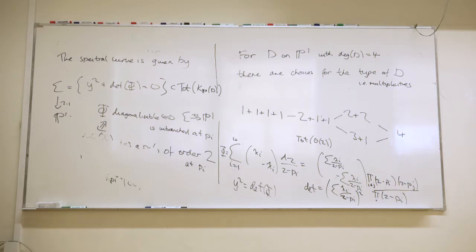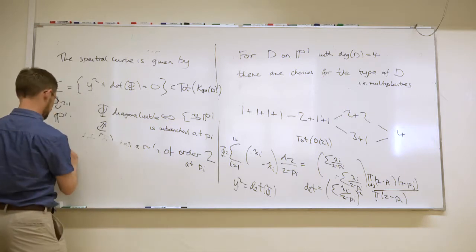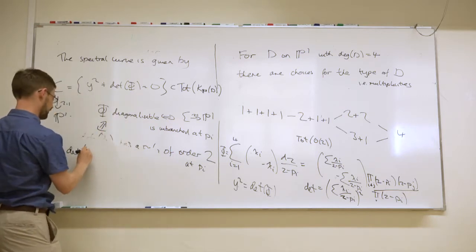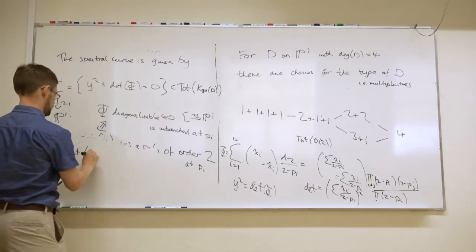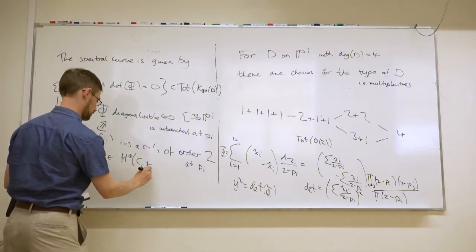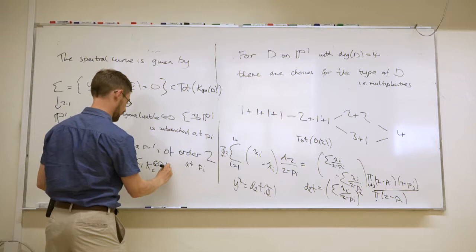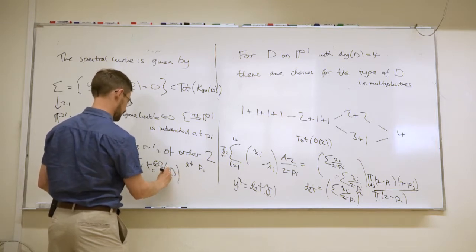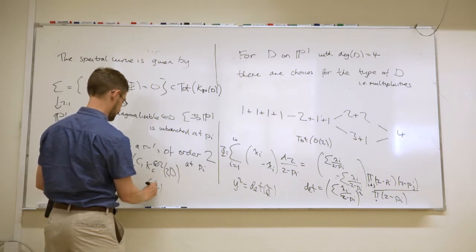Another way to think would be: what are the branch points of this? As we said, if this thing lives here, then the determinant of it really belongs to this, right?